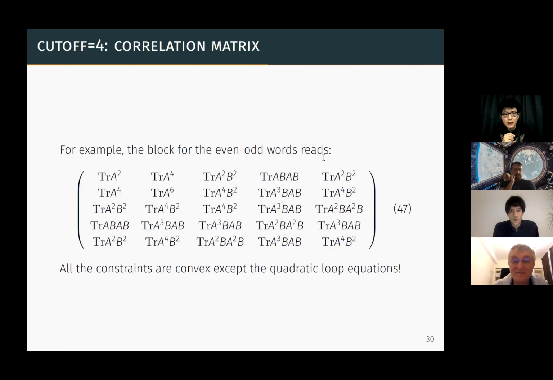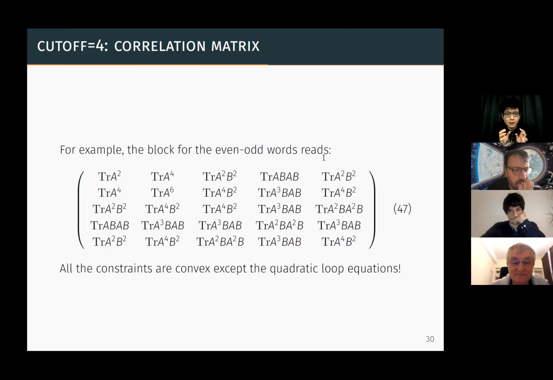As an example, this is for the even odd words correlation matrix. Because there is a global symmetry of D2, the big correlation matrix actually decouples into the even matrix, odd matrix, and even odd matrix. So this matrix and two other matrices are positive semi-definite.